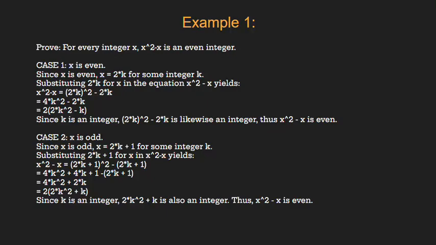In case 2, x is assumed to be odd. Since x is odd, x equals 2 times k plus 1 for some integer k.